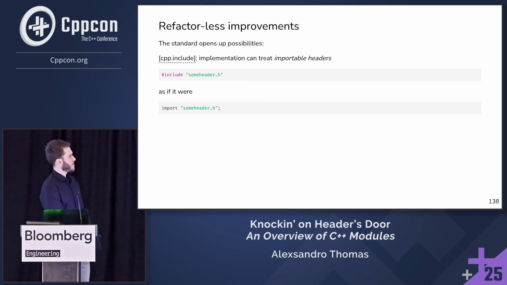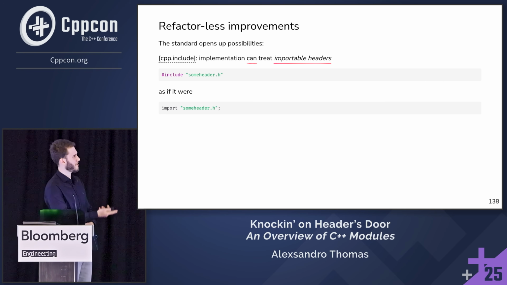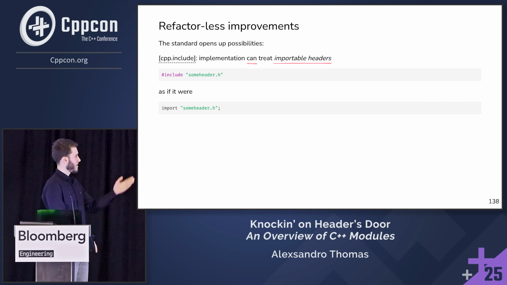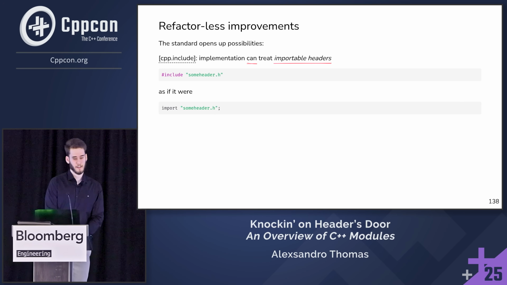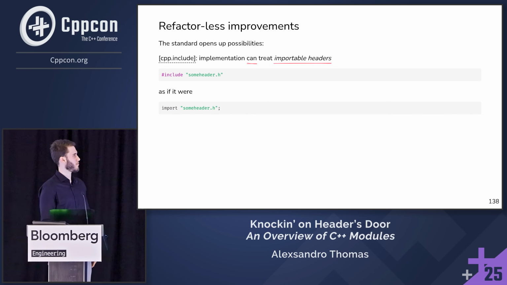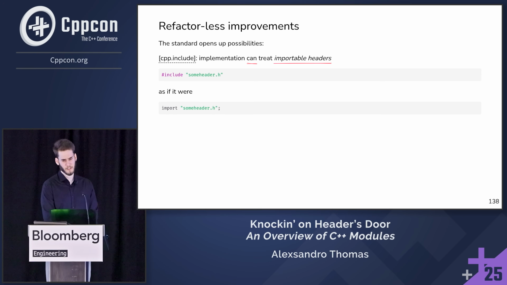So cpp.include now says that an implementation can treat an importable header, implementation defined, as if it were an import statement. So in the future, you might just have that the compilers have moved far enough in terms of tooling that every old C++ code that was just including everything everywhere might just be cached, and then everything turns into an import.